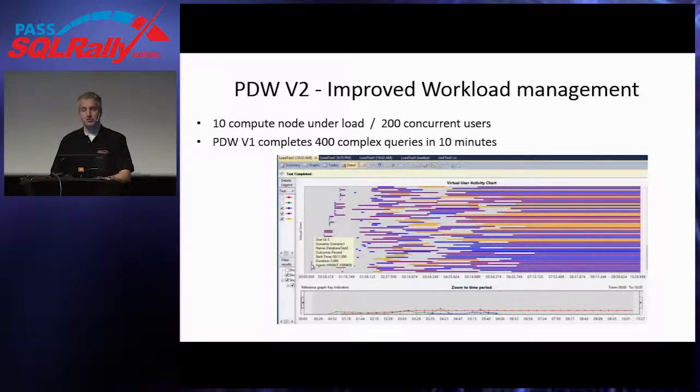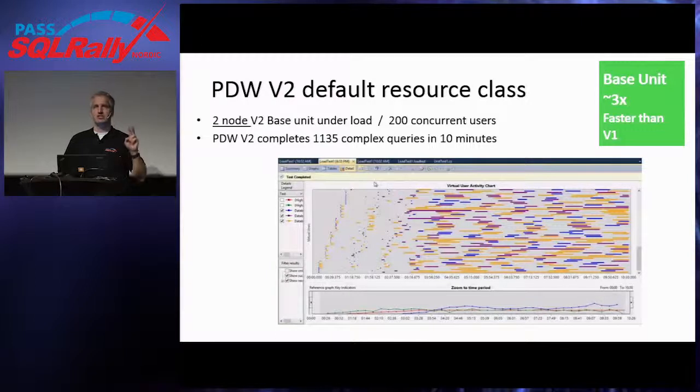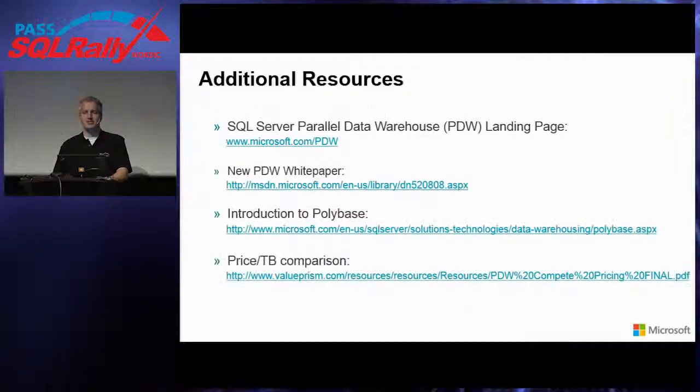And with PDW V2, if I just start with a base unit, which is just 2 SQL servers, I can run the same load test, 200 concurrent users, and instead of 400, I can run over 1100, almost 1200 queries within the same 10 minutes. So with PDW version 2, you need less hardware, and it's faster than the V1 version that I demoed last year. I hope that gives you a little bit of an idea of what PDW is capable of.